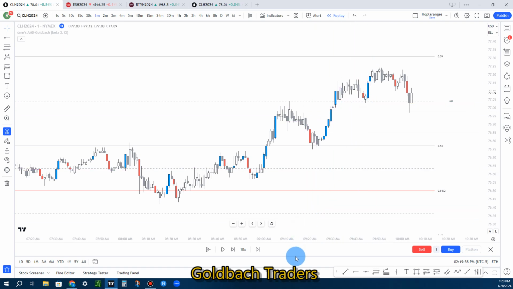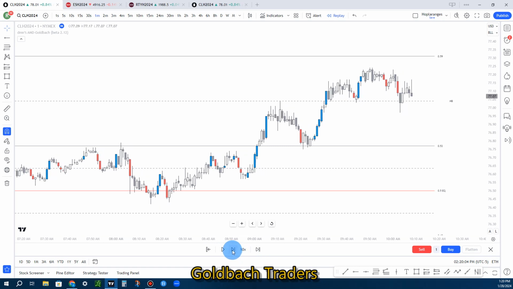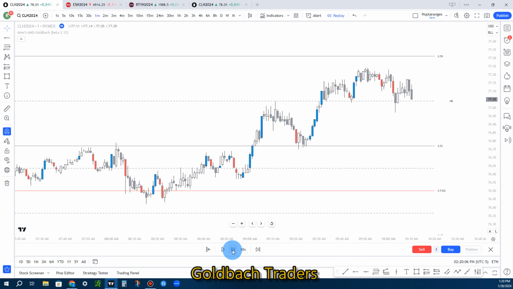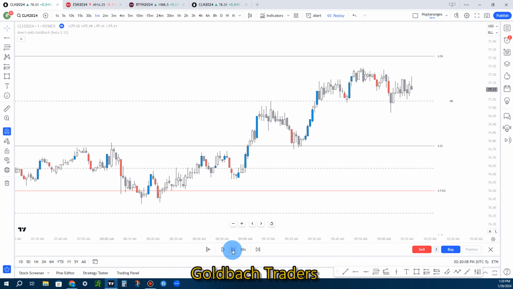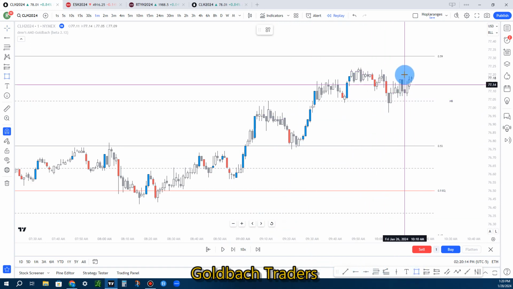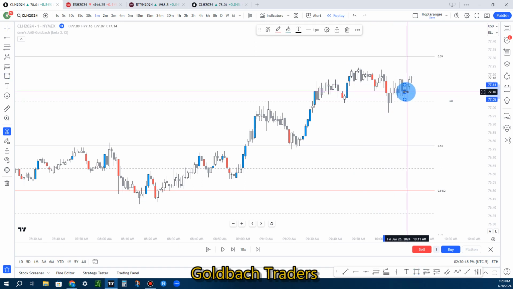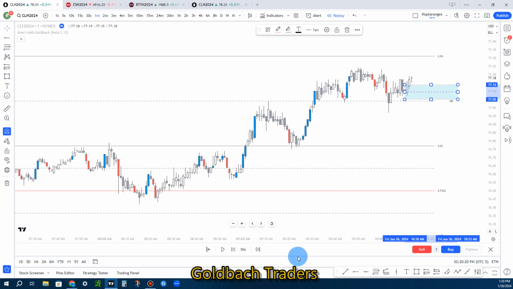Then I started getting interested. Is there going to be a mitigation block that forms? Yes, this is a mitigation block. So I'm going to highlight this and see if we get a retest in here.